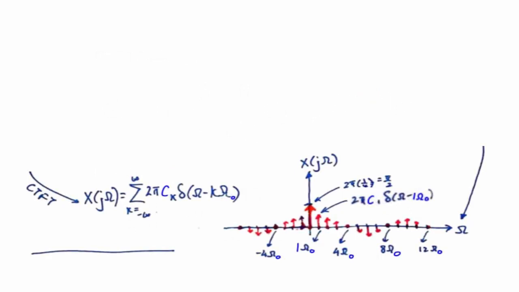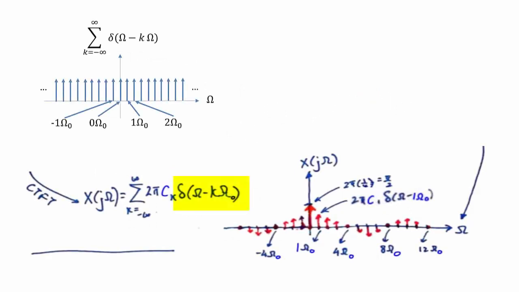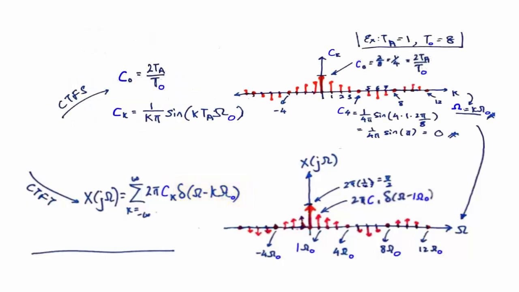The answer is that we are using Dirac delta functions firing at positions of frequency 0, 1 omega naught, 2 omega naught, 3 omega naught, as well as minus 1 omega naught, minus 2 omega naught, and so on, to reconstruct. The deltas allow us to use the synthesis equation to reconstruct x of t properly. We now see that there is a slight difference between X of j omega and Ck's.